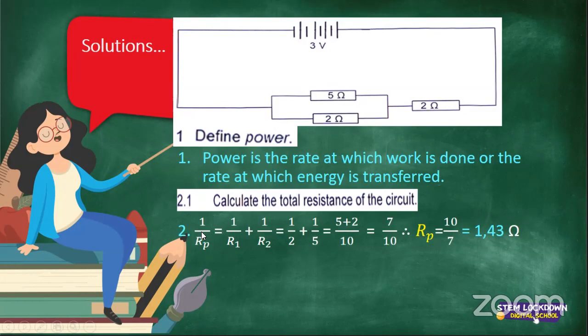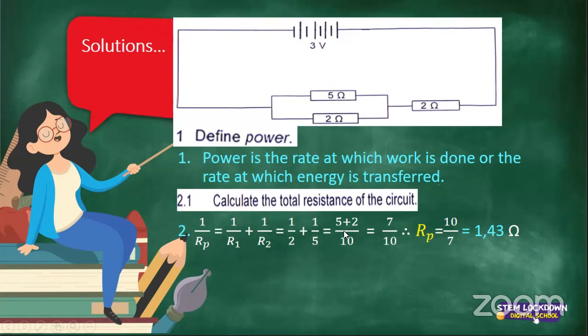So it will be given by 1 over Rp equals 1 over R1 plus 1 over R2. So R1 is 2 ohms and R2 is 5 ohms. So it will be 1 over 2 plus 1 over 5.